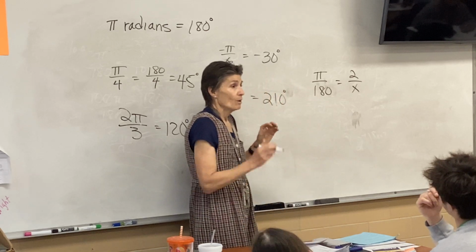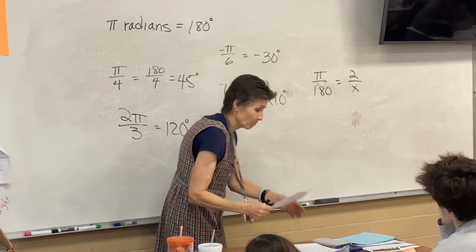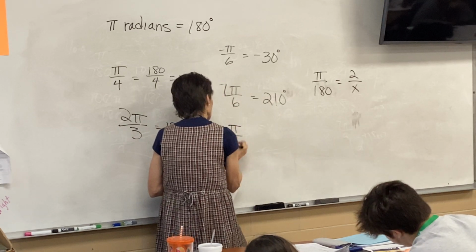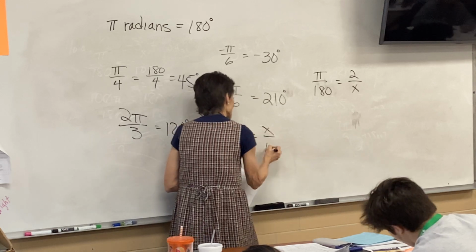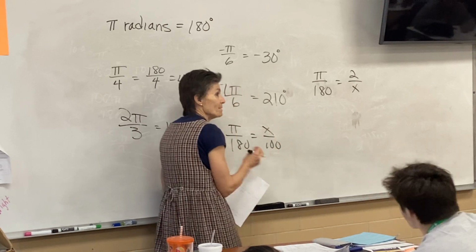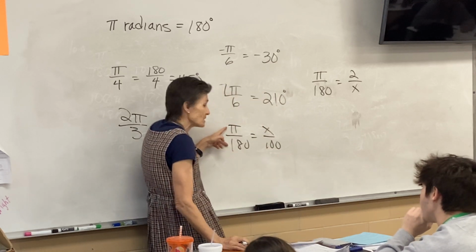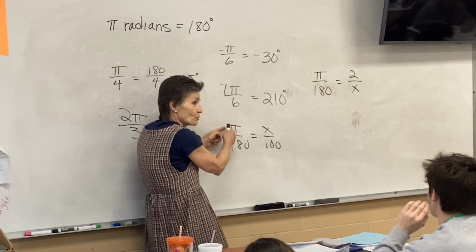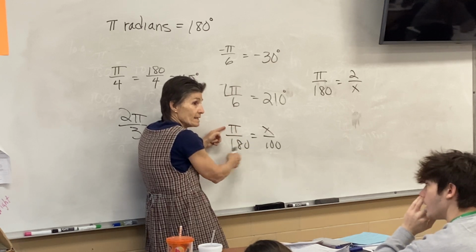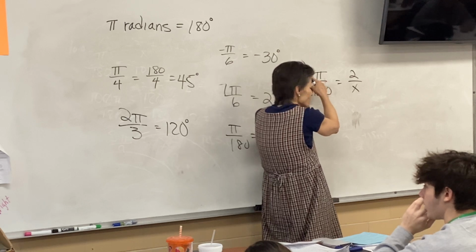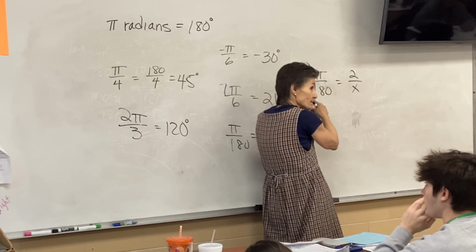Now, how come in problem 1a, when it was 100 degrees, I set up my pi over 180 and said x over 100? Because it was a degree. That was a degree. And in this fraction, which of these is the degree number? 180. So in here, pi radians is 180 degrees.